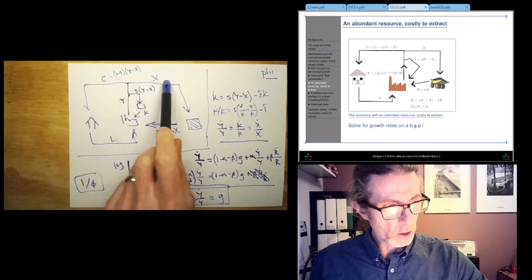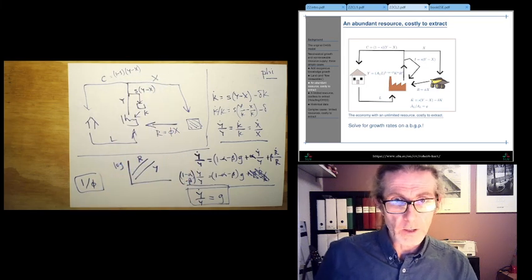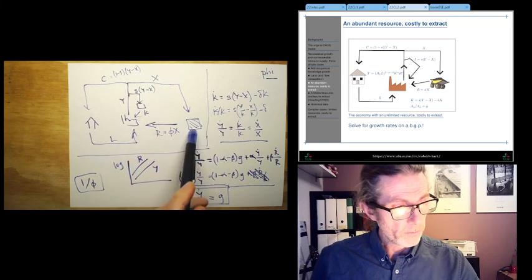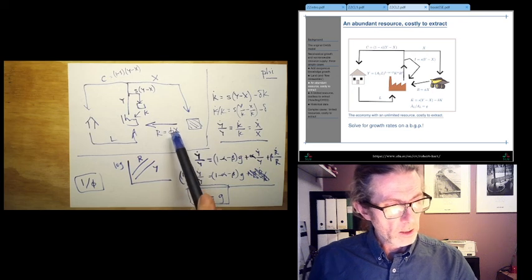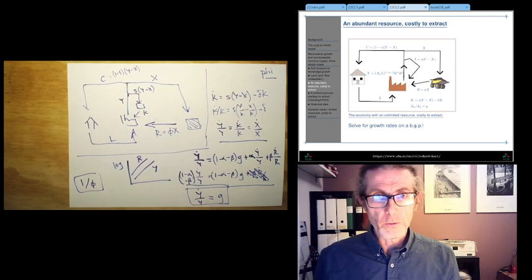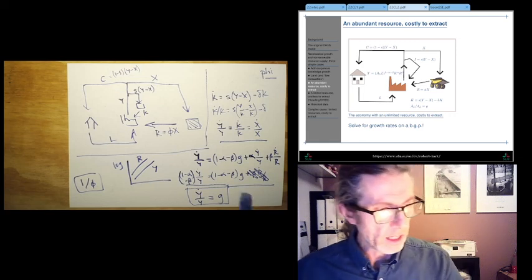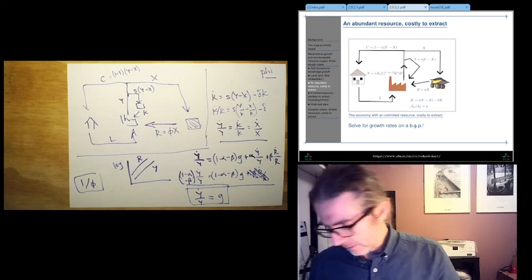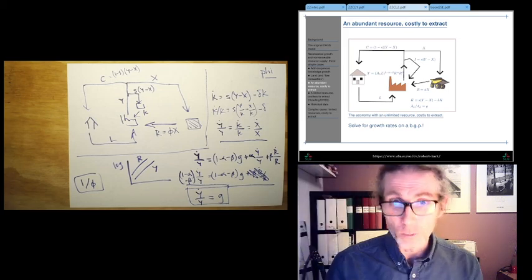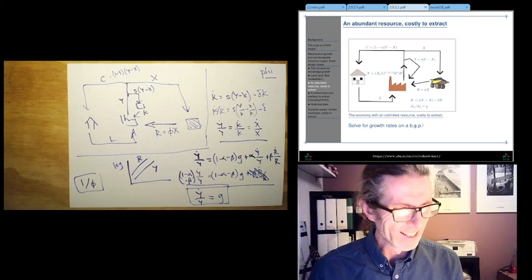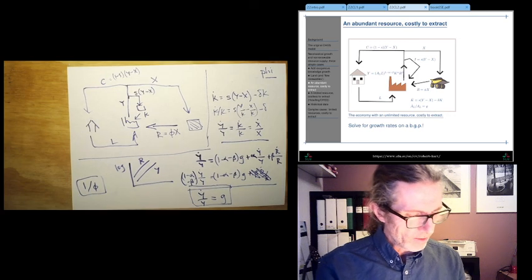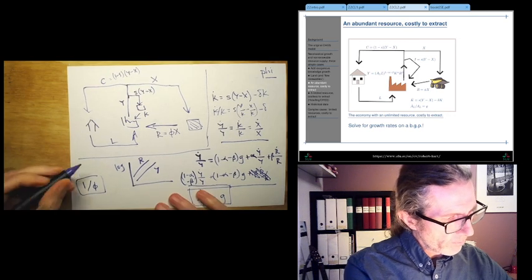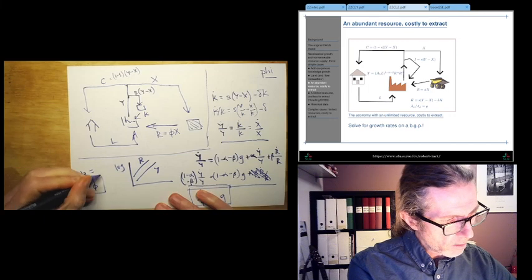It's like the final good used for something else. The final good's price is normalized to 1. For every unit of X we get phi units of R. So if phi is 100, then for 1 unit of X we get 100 units of R. The cost of R is 1 over 100. So W_R equals 1 over phi.